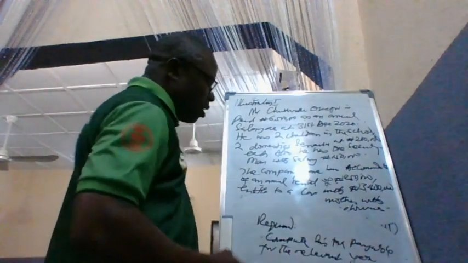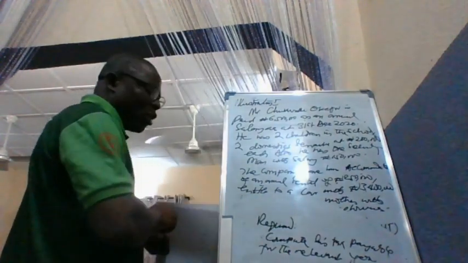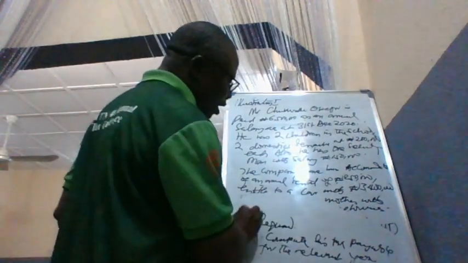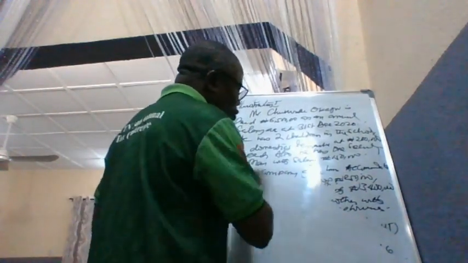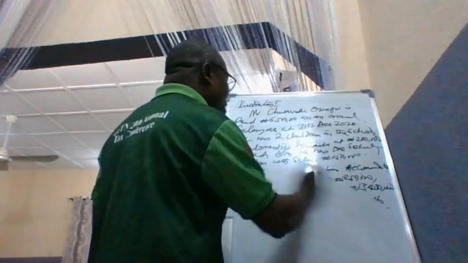So that is the relevant year for the computation of this personal income tax of Mr. Chukwudi. Let's go into the calculation.